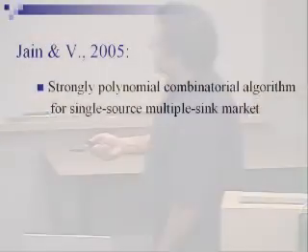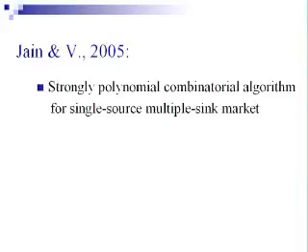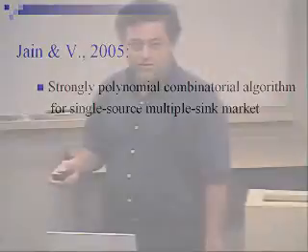And since Fisher's linear case had a combinatorial algorithm, we said, why not find combinatorial algorithms for his model, his resource allocation model. And then for 3 years, nothing happened until last summer, while Kamal was here at Microsoft and I was in Greece, and guess who was paying for the phone calls? We got a strongly polynomial algorithm for the case of single source multiple sink market.